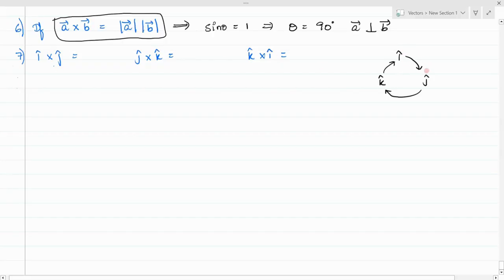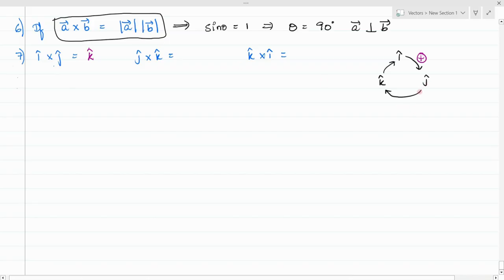Now, from here, if we go in the clockwise direction, it becomes plus. So when you do I cross J it becomes K. It's in the clockwise direction, so it becomes plus K itself.